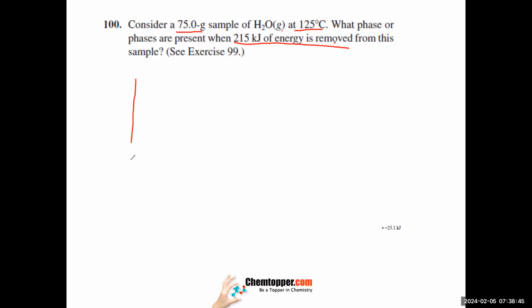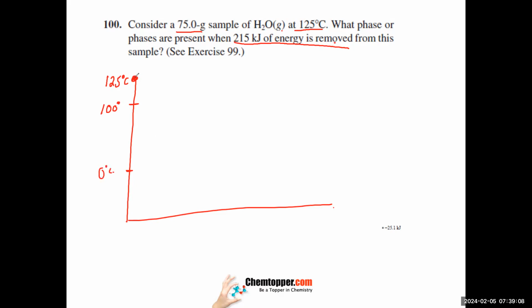So when you remove the heat, what happens to temperature? It goes down. Mark the temperature. Important temperature, you are starting with 125 degrees Celsius. Next important is 100 degrees Celsius. Next important is 0 degrees Celsius.